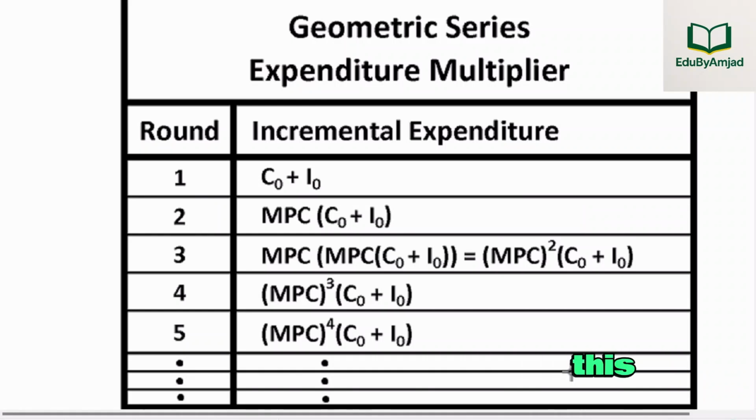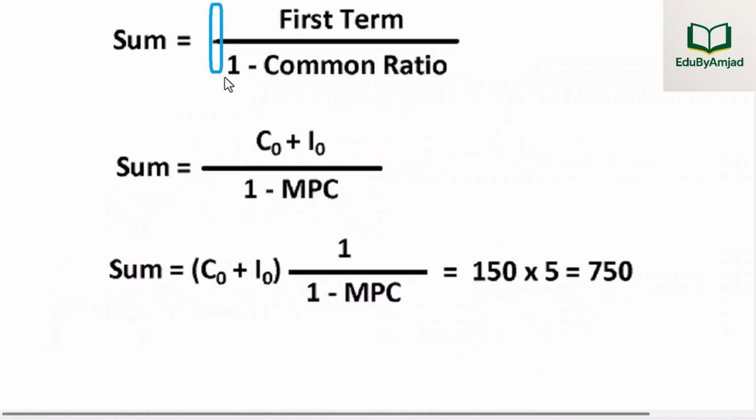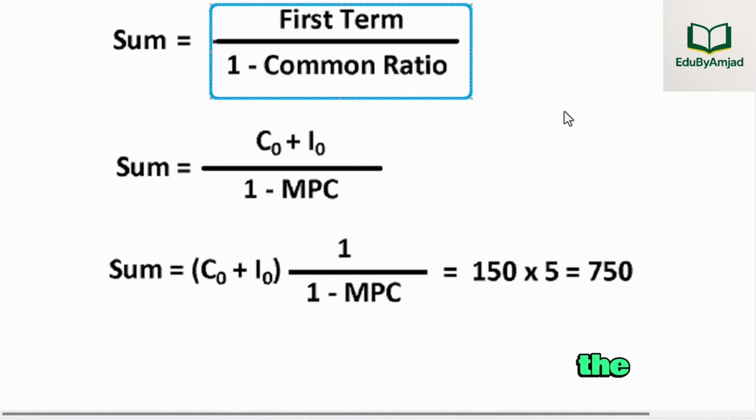To find the sum of this infinite series, two parameters matter: the first term, which is autonomous spending, and the common ratio between terms, which is the MPC. The sum of the series equals the first term divided by 1 minus the common ratio.